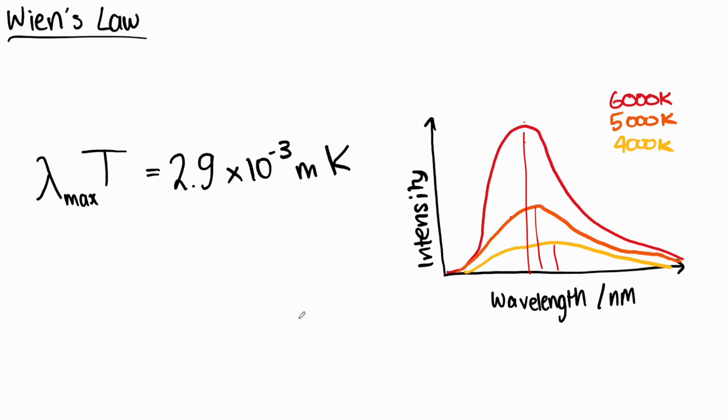So Wien's law states that the maximum wavelength here times the temperature is always equal to a constant, and this results in the pattern you can see here in the diagram, where as the wavelengths go further to the right, the intensities decrease quite a lot, and you end up with these.